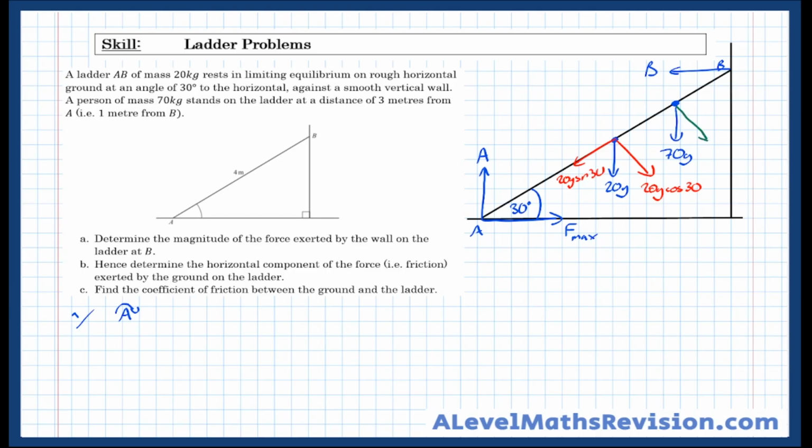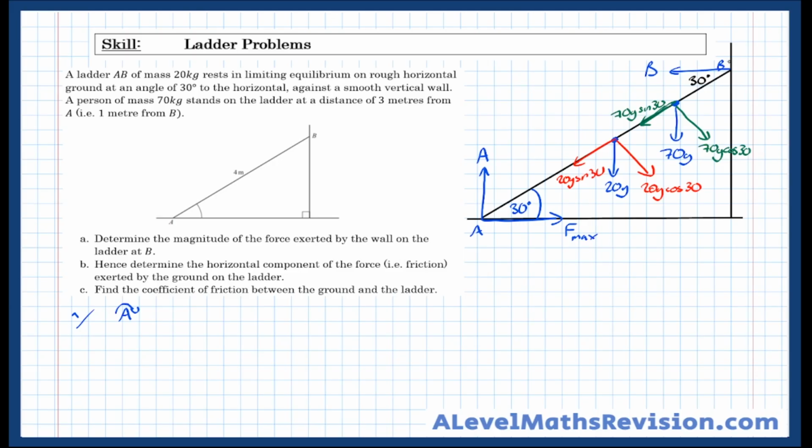This one here, perpendicular, 70g cos 30, and this one here, 70g sin 30. I'm only putting the ones parallel to the ladder in for completeness because you know that they'll have no turning effect from previous examples. And here, the angle is 30 degrees.